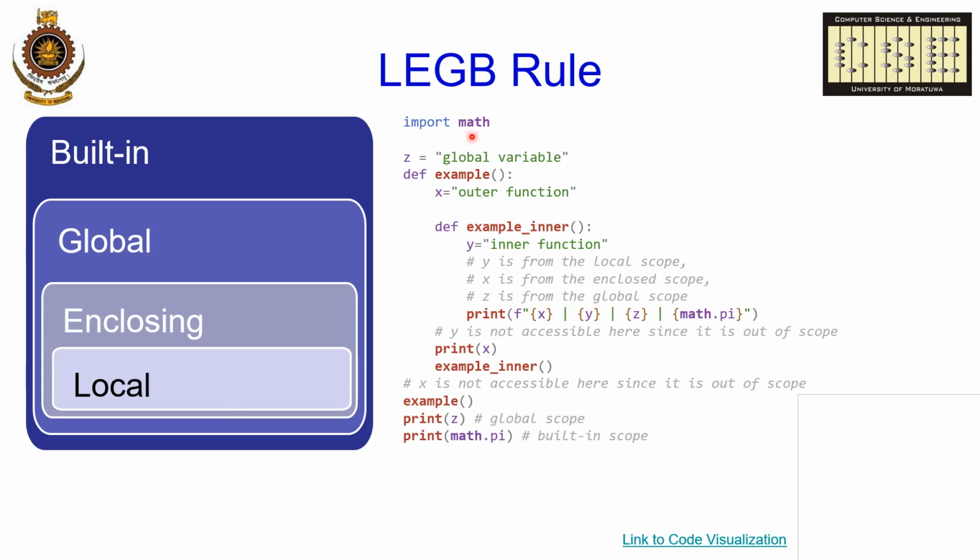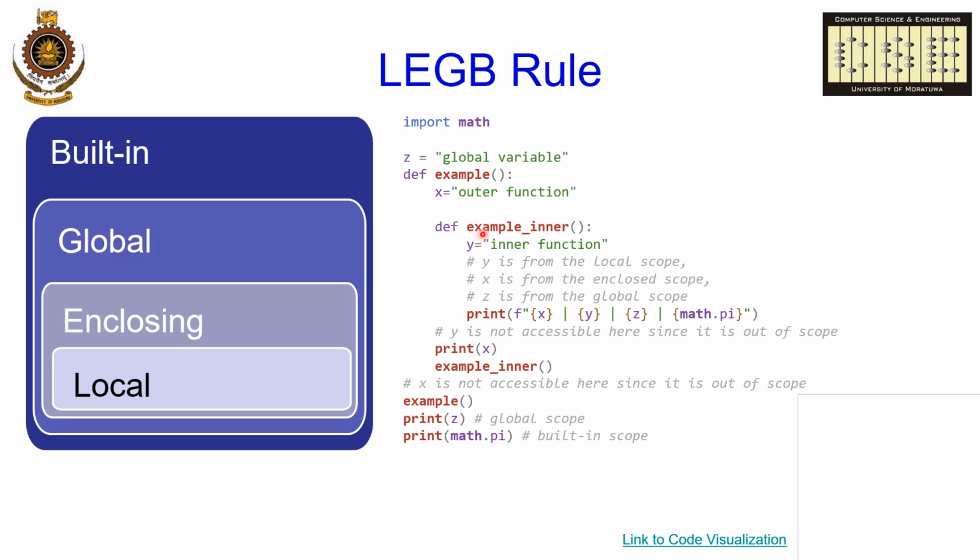So, import math. This is available in your Python runtime, a very important and useful library for mathematical operations. Then we define this z global variable. Then we start the definition of this function example. Inside it we define x, a variable local to example, but it's enclosed by the next inner function.